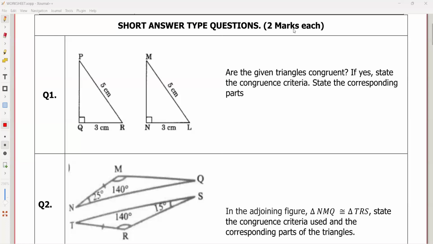So I'll be sharing the worksheet now. Right. So this is like a quiz, right? So one by one, you have to try and tell your answer.